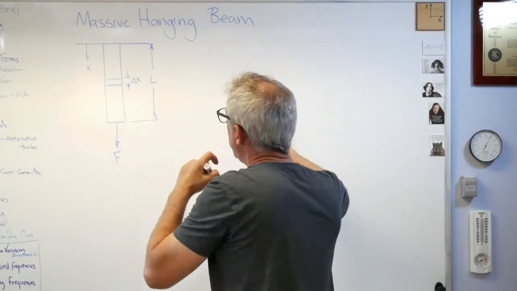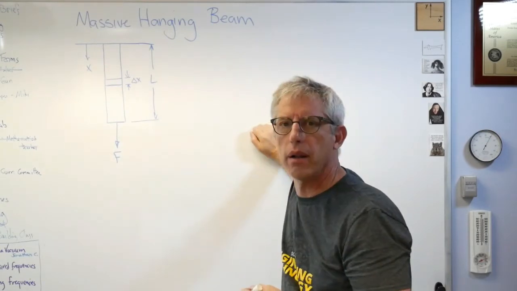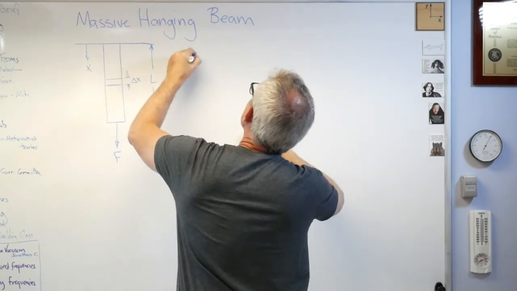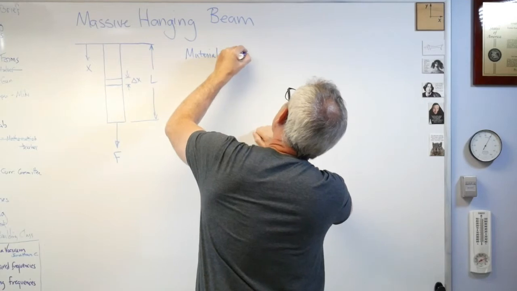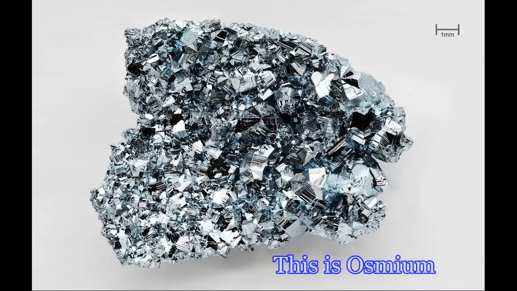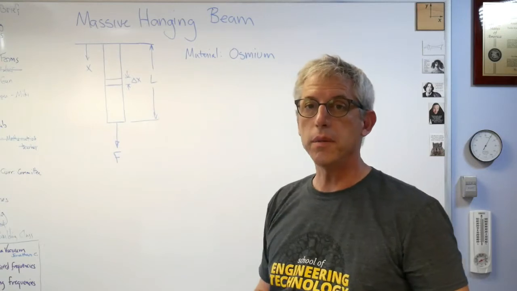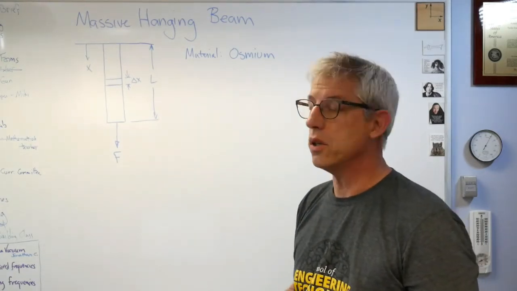Well, what's something really heavy? The heaviest metal I can find on a web search is called osmium. So the material is osmium. Now, osmium has some useful properties. One of them is that it's incredibly dense.